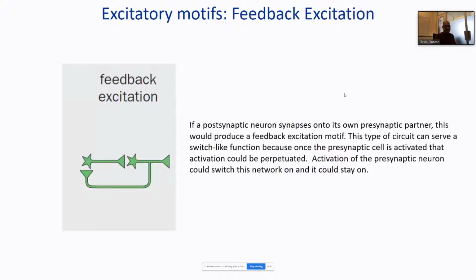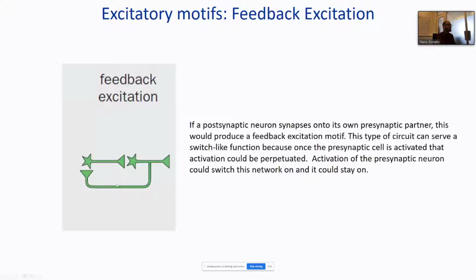With feedback excitation, instead, we define a motif in which a neuron connects to another neuron, which from this perspective can be considered postsynaptic to this presynaptic neuron. But this neuron creates a branch of its axon that goes back and makes a synapse onto the neuron that it receives information from.